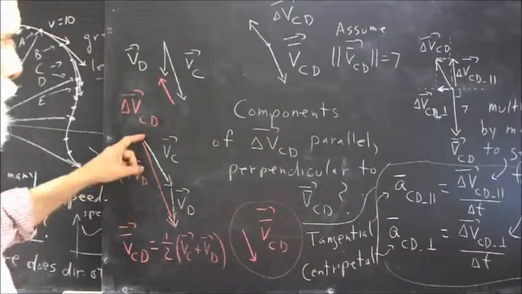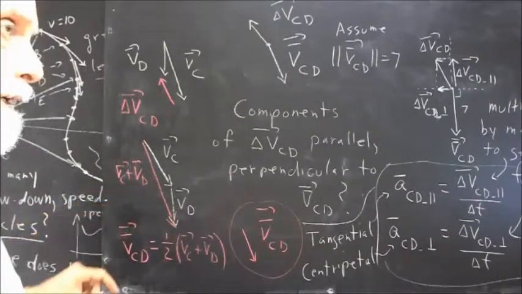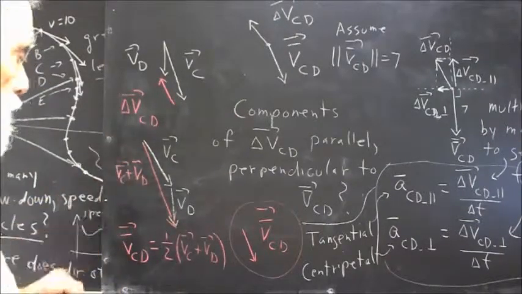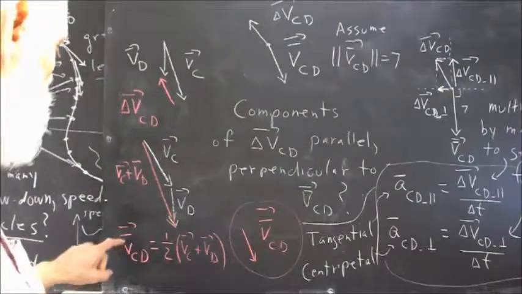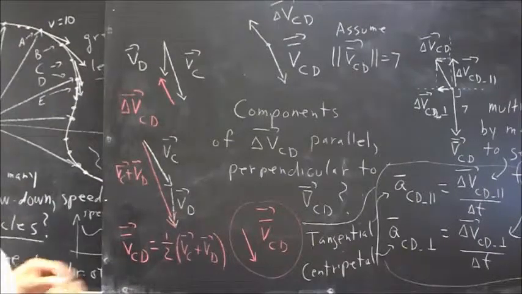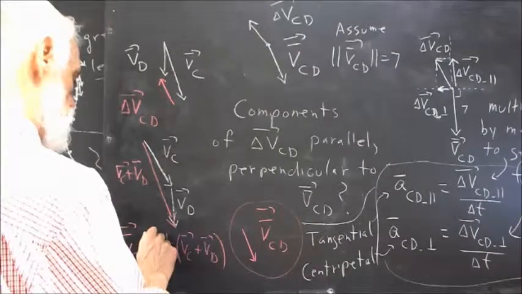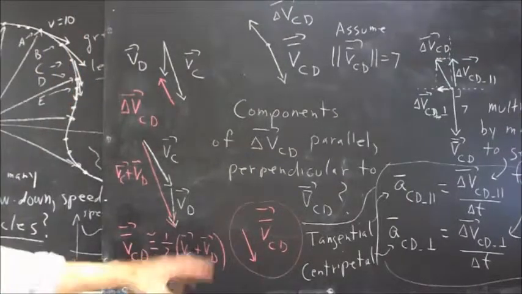But if we add the VC and VD vectors, we get the VC plus VD vector, and half of that vector should be pretty close to the average velocity. So we're going to say the average velocity on CD is approximately equal to 1/2 of VC plus VD. I'll put that little wavy thing in there to indicate it's approximately equal.